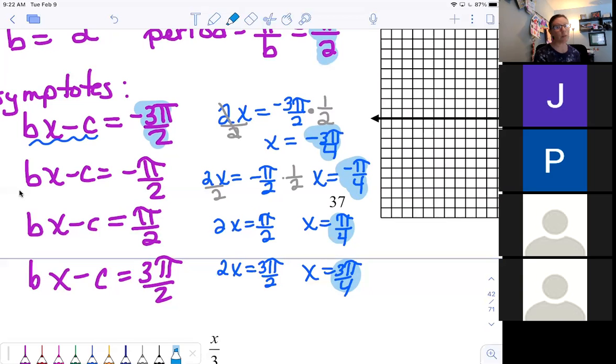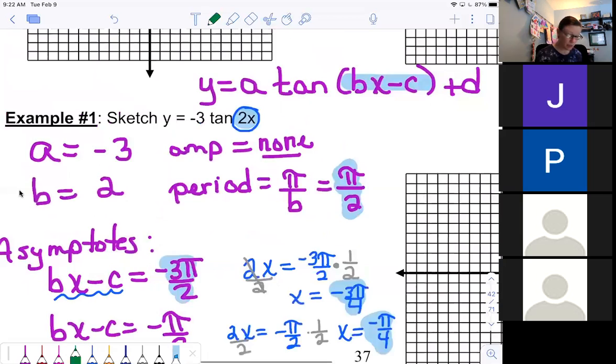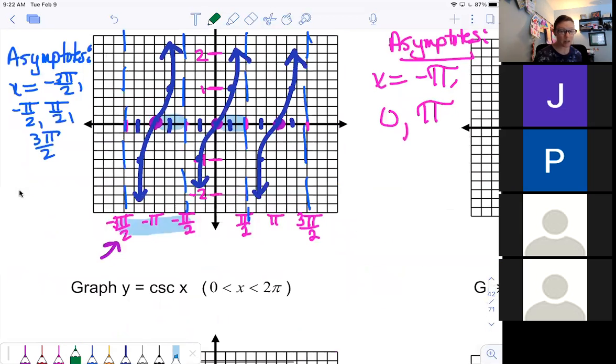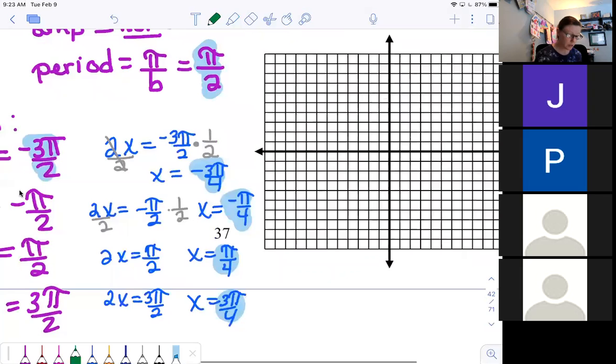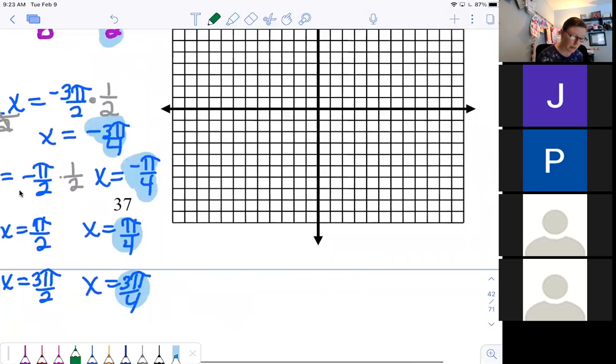So when we go to label our graph, I'm still going to go over 3 blocks, just like I did up here. But instead of saying 3 blocks is pi over 2, now 3 blocks is going to be pi over 4, whatever that asymptote is. So I'm going to go over 3 blocks, and now that value is pi over 4.